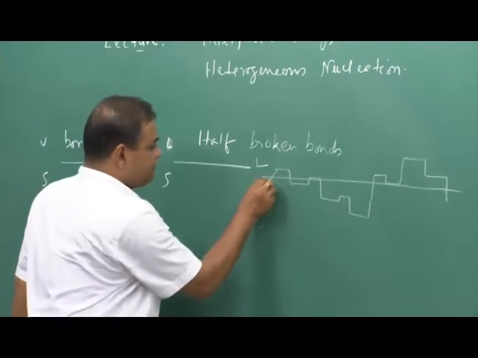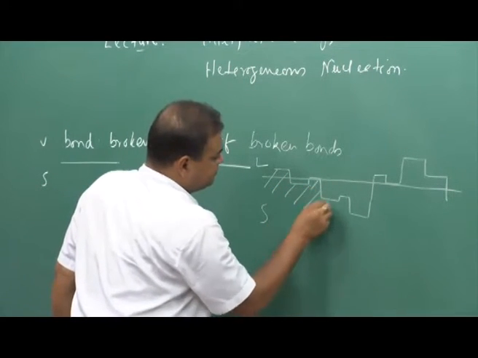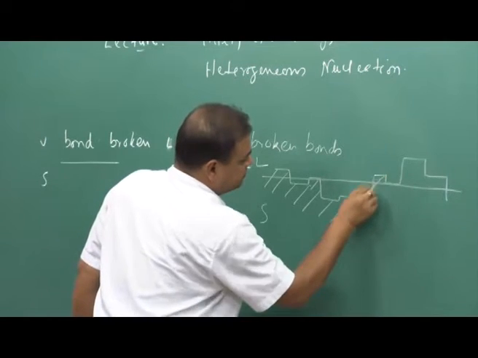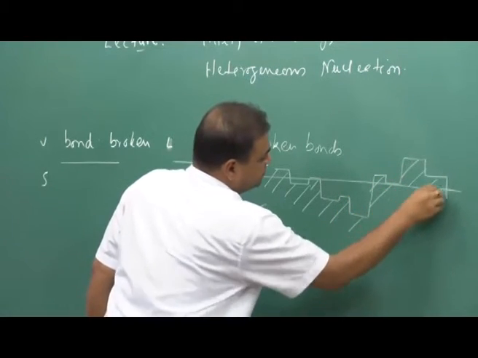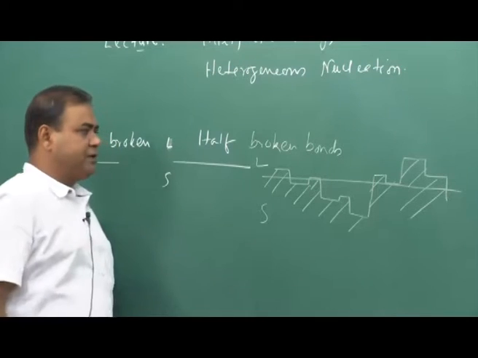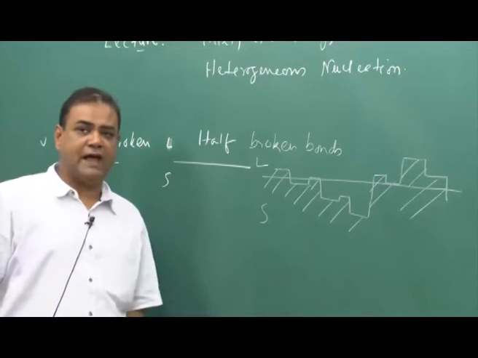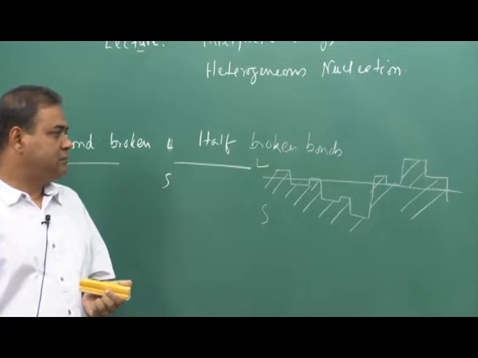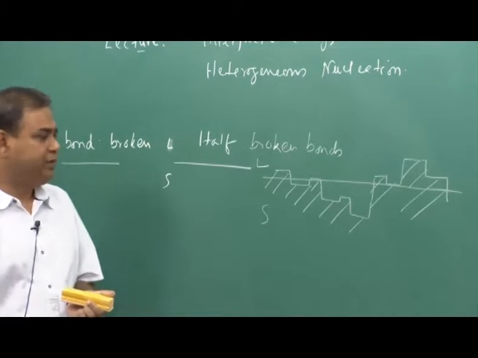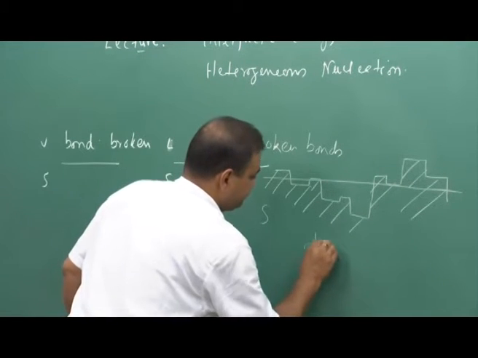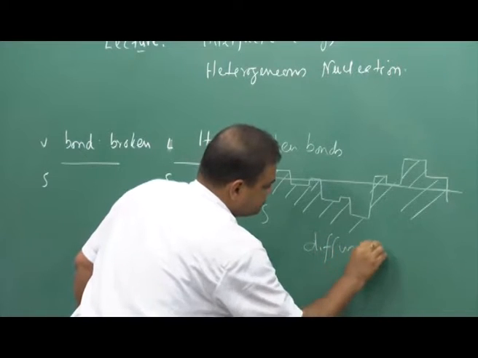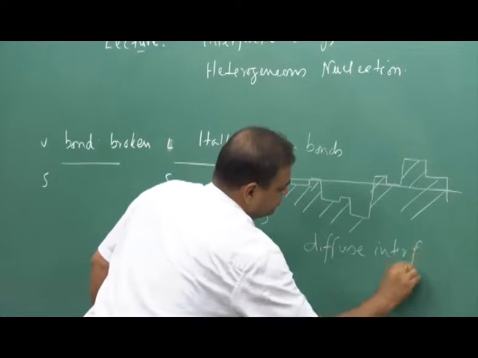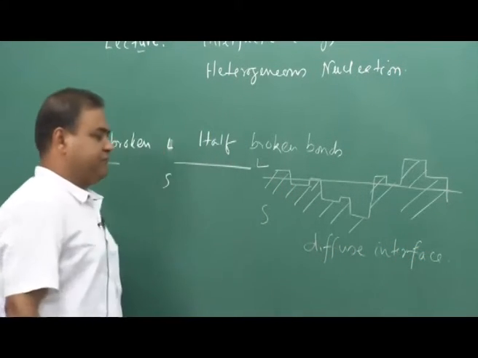So, if we see this particular section, these are the part of solid and the interface is not flat, and at that time we call this interface diffuse. Diffuse interface.